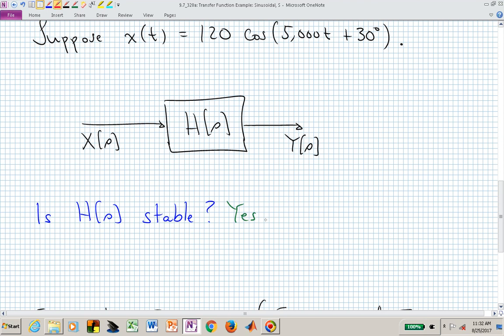And the reason that it's stable is because the coefficients of the denominator exist, they are present, and they are positive.